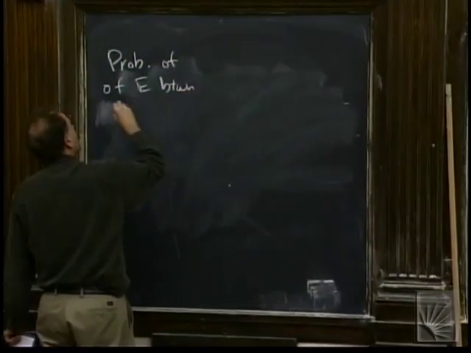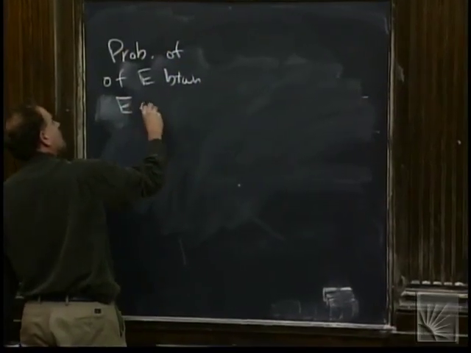So last time, right at the end, I introduced the concept of the density of states. What I basically said is the probability of E between E and E plus dE.